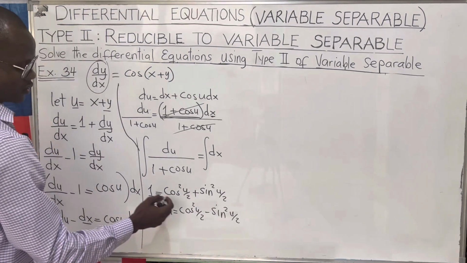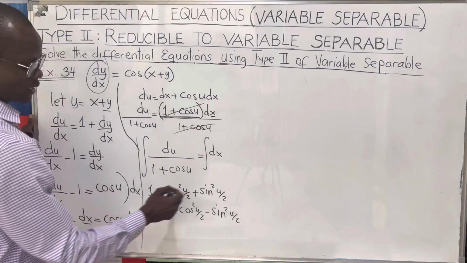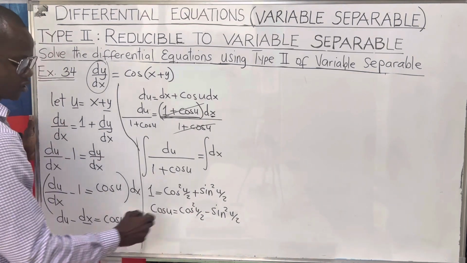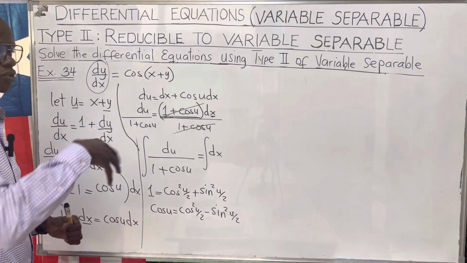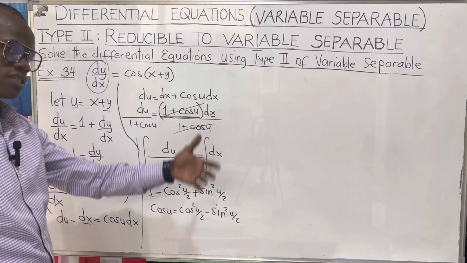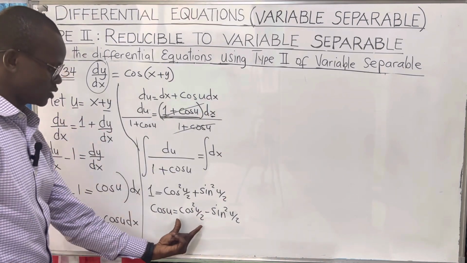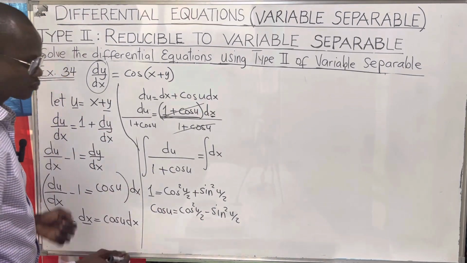So this came from the Pythagorean identity, and this came from the double angle identity for cosine, that is, cos of 2x is equal to cos square x minus sine square x. This was exactly where we derived this one from.